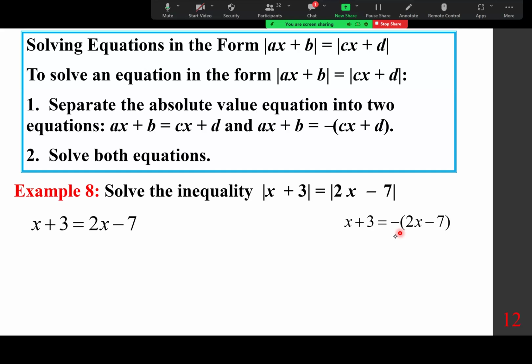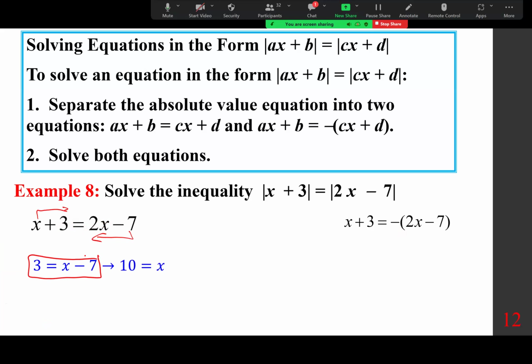Now we are going to solve both equations. So starting with this, obviously I can move the x to the other side and minus 7 to this side. So when I do this one, I get 3 equals x minus 7.